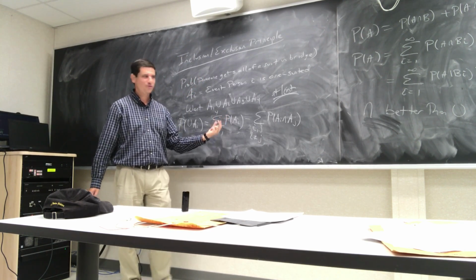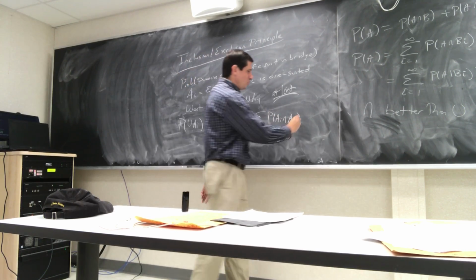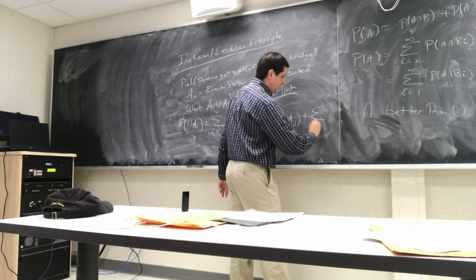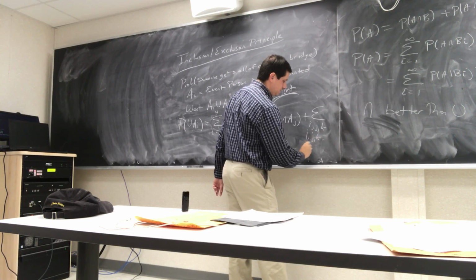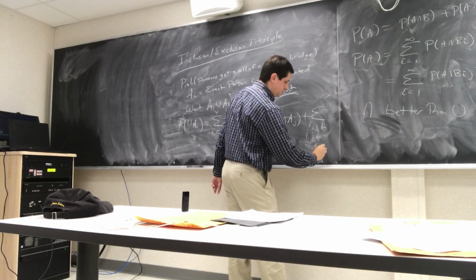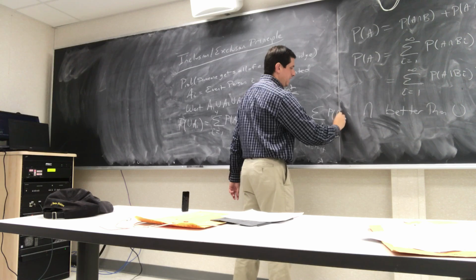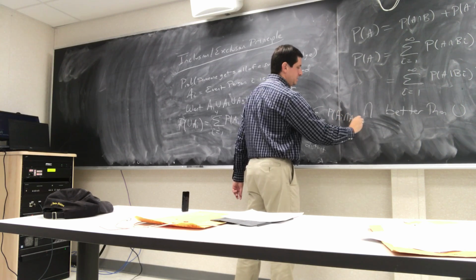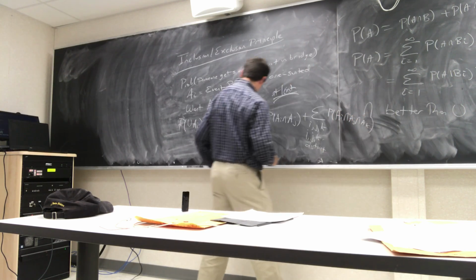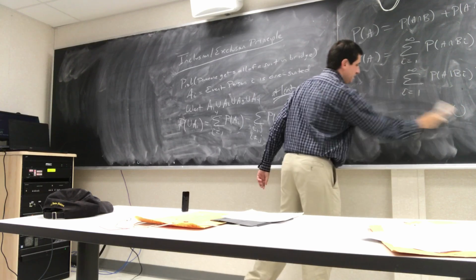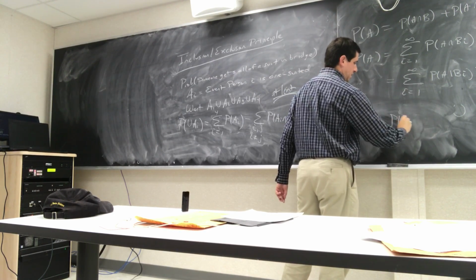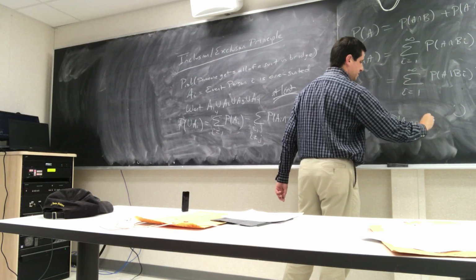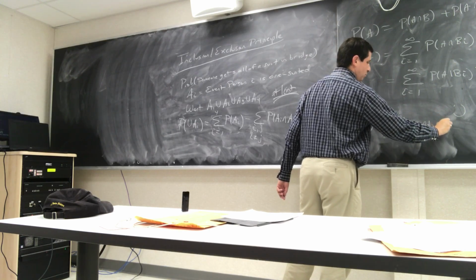Say it's people 1, 2, and 3, and then I would subtract 3 times here. So I then add back the sum over i, j, k distinct, of P of Ai intersect Aj intersect Ak. And then what's the last thing I have to then subtract back? A1 intersect A2 intersect A3 intersect A4.